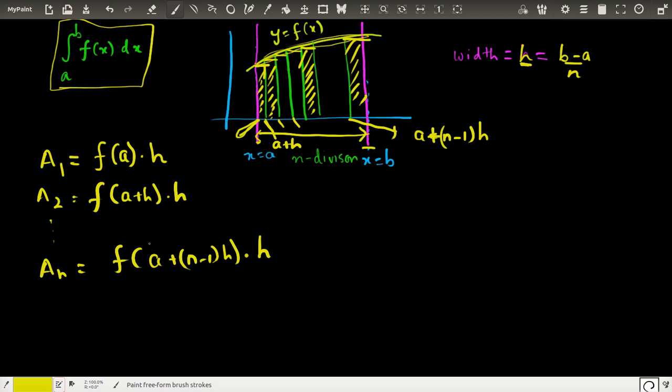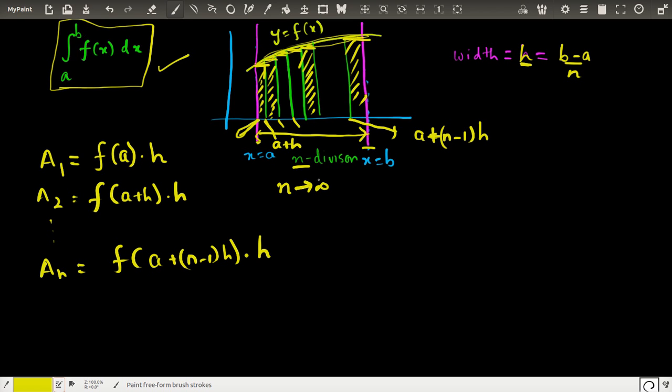Now clearly there is a problem over here, because when we are finding this area there are some errors. So these are the errors. If we can minimize those errors, and eventually make them 0, then we are done. Then we get the area under the curve, which is given by this definite integration expression. So what we can do is make these n divisions infinitesimally small, which means let's say n tends towards infinity.